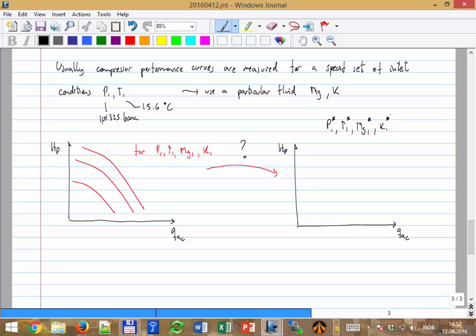Well, we are not going to go into details on that, but actually there is a procedure, using similarity laws, to try to find what will be the equivalent curve for different inlet conditions, different operating conditions.